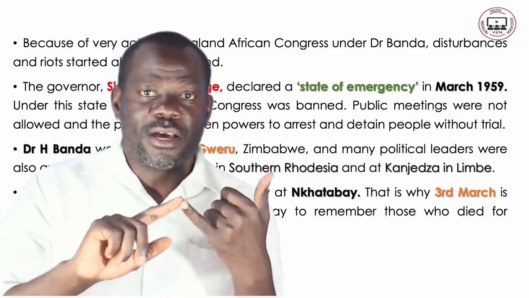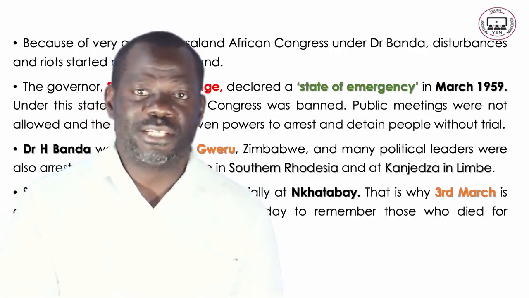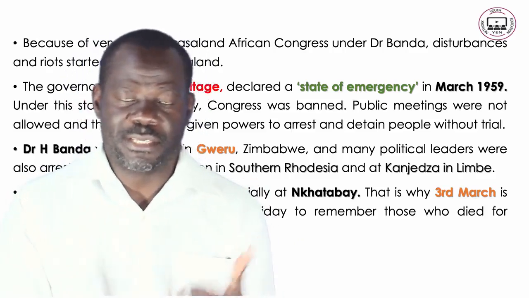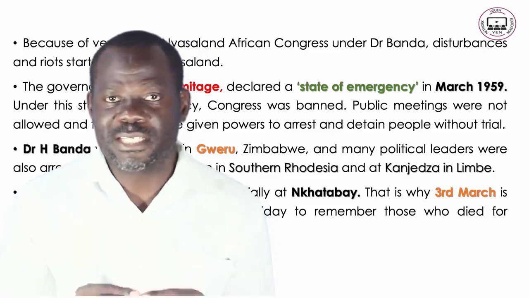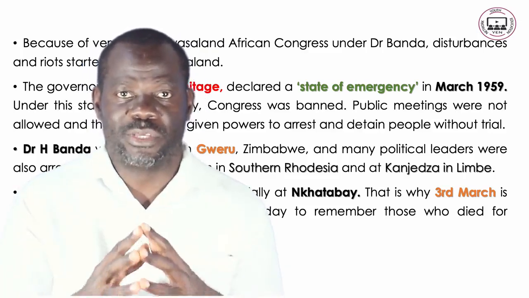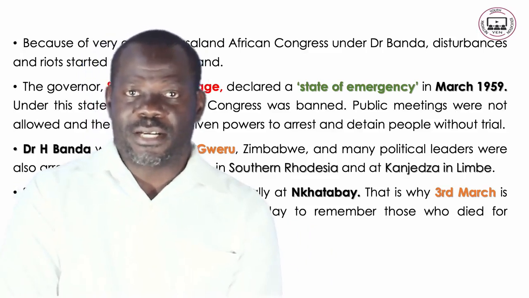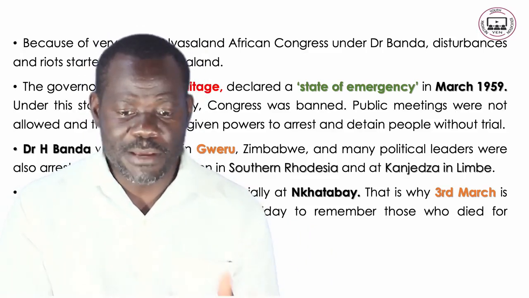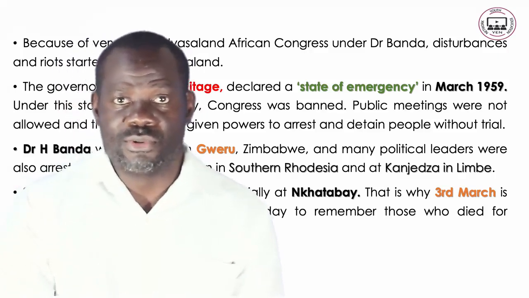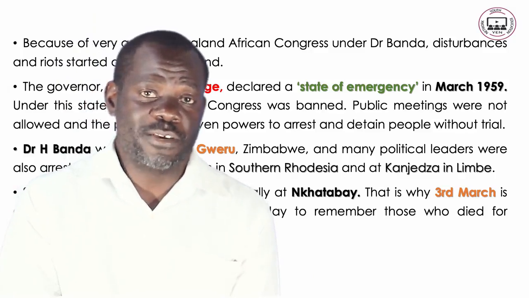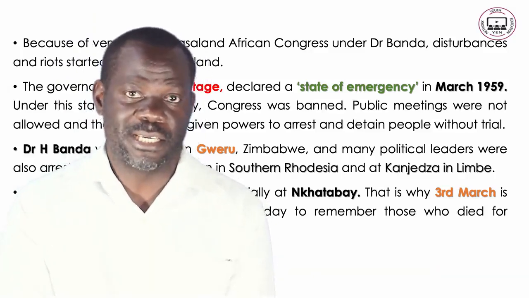So now, Dr. Banda was arrested and brought to Gweru prison in Zimbabwe, and many other people were arrested, detained without trial, and there were those riots. So that's why even some people were killed. At Nkhata Bay there, they were killed, and today we still observe 3rd March as Martyrs' Day.